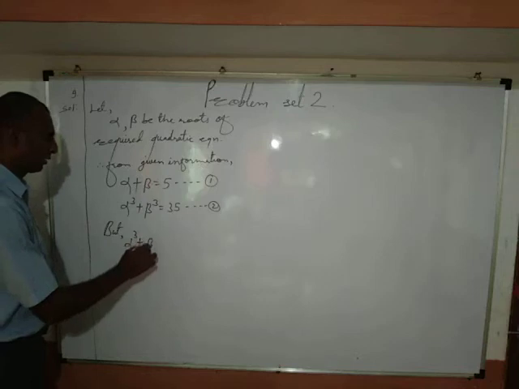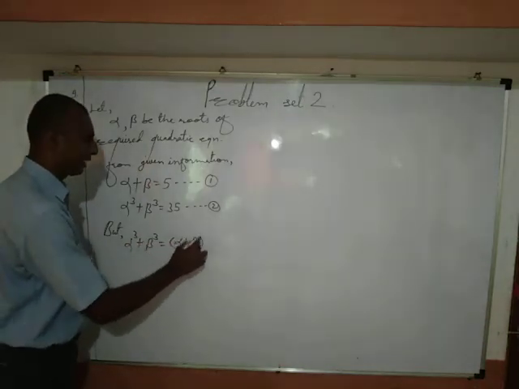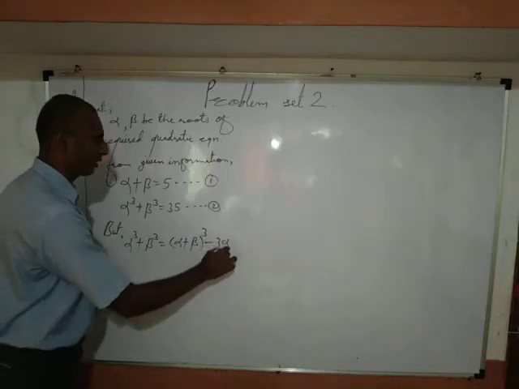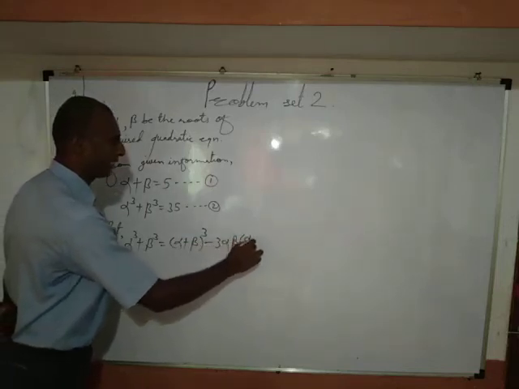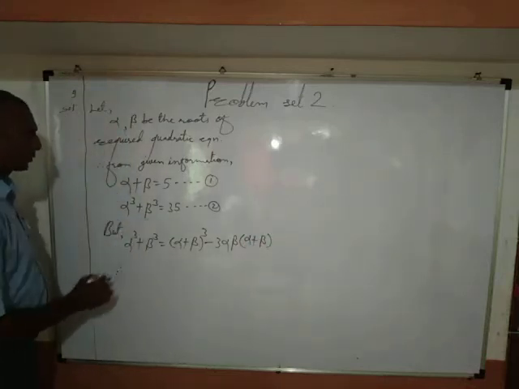But alpha cube plus beta cube equals (alpha plus beta) whole cube minus thrice of alpha beta into (alpha plus beta). Therefore now let's put these values.